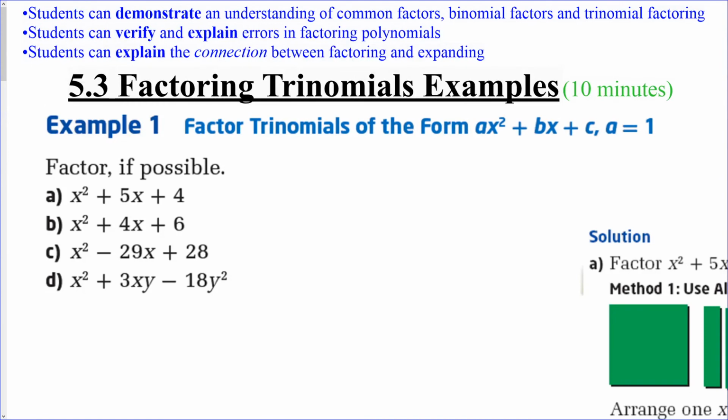D now is actually the opposite. So D, we have x squared plus 3xy minus 18y squared. This one's going to be a little trickier, I would say. So I'm going to rewrite it first of all, so you guys can see it, so you don't have to look in 2 places at once.